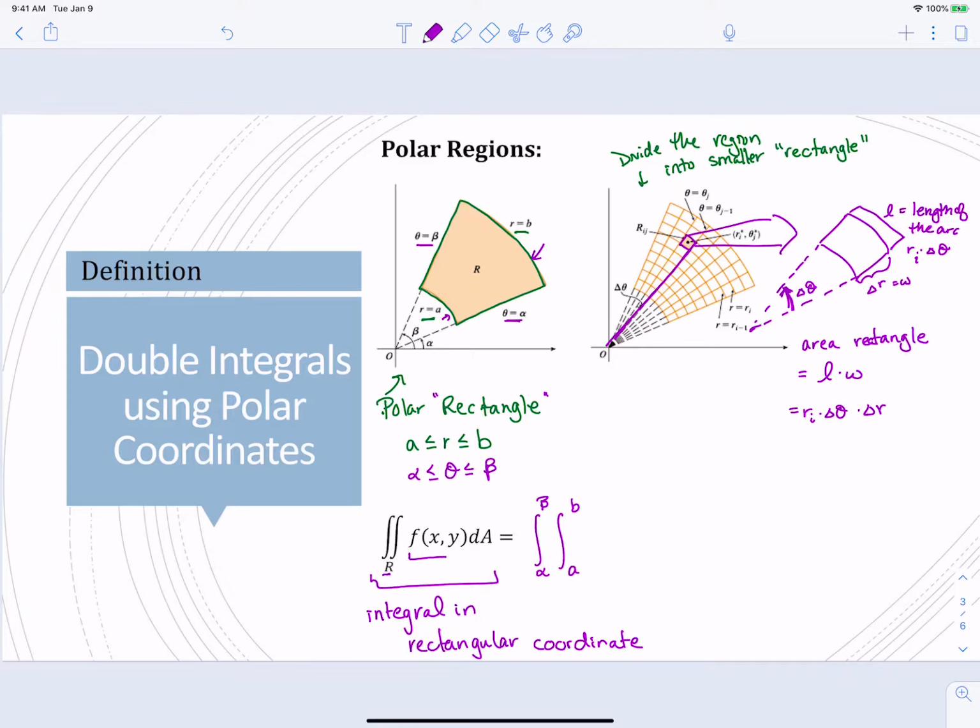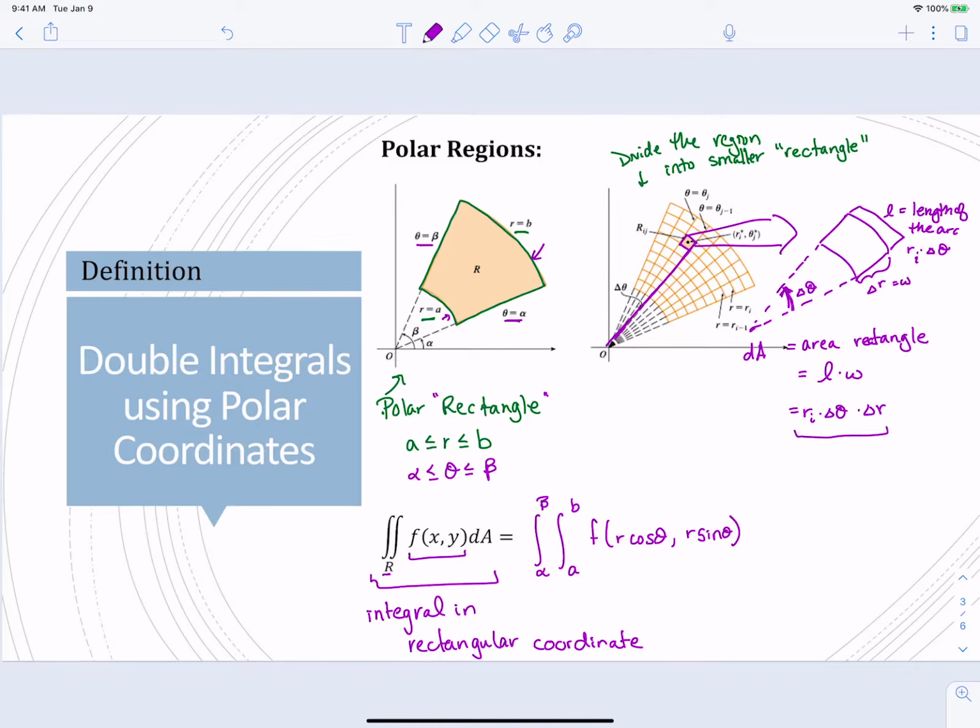We're going to take our rectangularly defined function and replace x with r cosine of theta, and replace y with r sine of theta, so that we have our function in polar coordinates. And then the area of our rectangle, which is our dA, the area of those little rectangles that we make in our region.